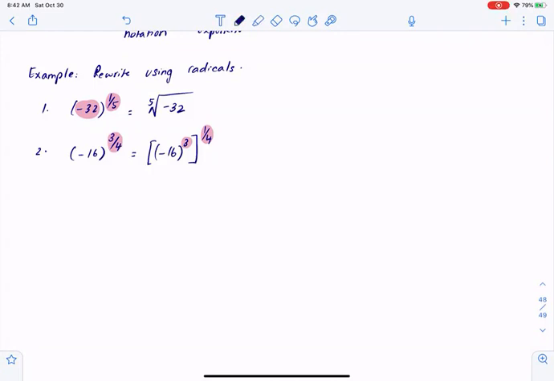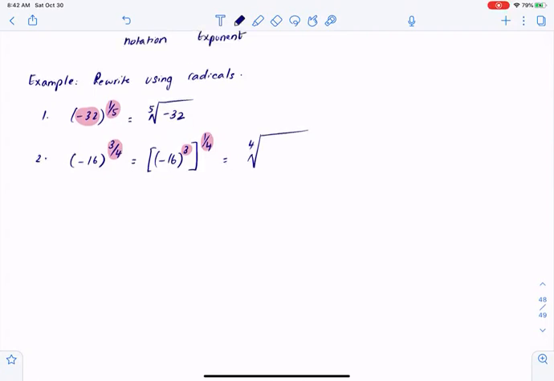So now I have a fourth root. And whatever is inside the fourth root, I put it inside the radical.